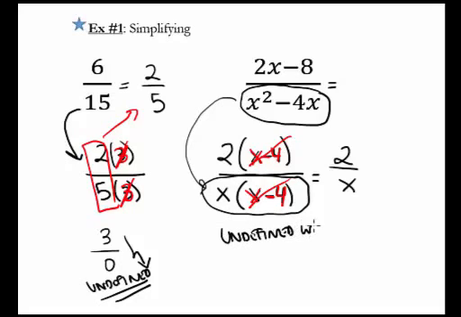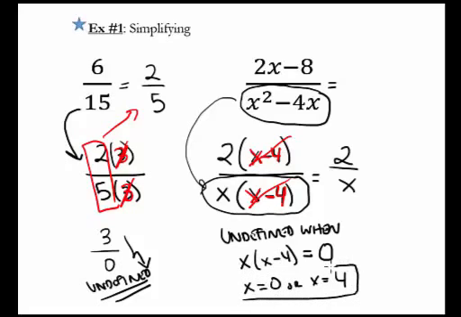Well, it's undefined when the denominator is equal to 0. Well, when is this true? This is true when x equals 0 or x equals 4, right? If I plug in 4, I would get 0. If I plug in 0, I would get 0, okay?